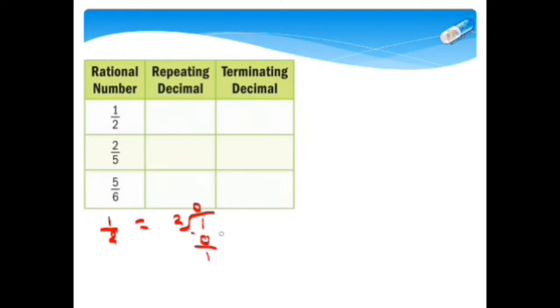Subtract, 1. Put a decimal point with 0 here. Put a decimal point. Now bring down the 0. Now 10 divided by 2 equals 5. 5 times 2 is 10, and no remainder. So what is the decimal form for this fraction? It is 0.5. So we write here 0.5 or 5/10.